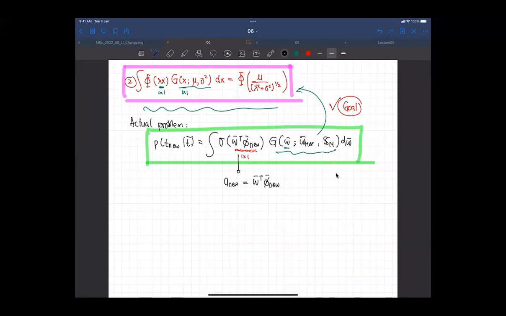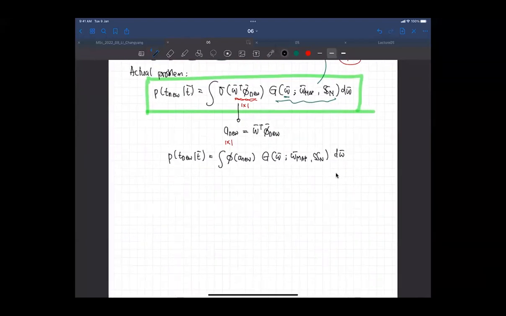A new is similar to y new, but I just use a new here. Again, this one is 1 by 1. Now, with this expression, I can have P of t new given t bar, the integral of sigmoid of a new, times Gaussian of w bar with mean w bar and covariance S_N. We know that we have a problem with this, so we have to do something with the second term.